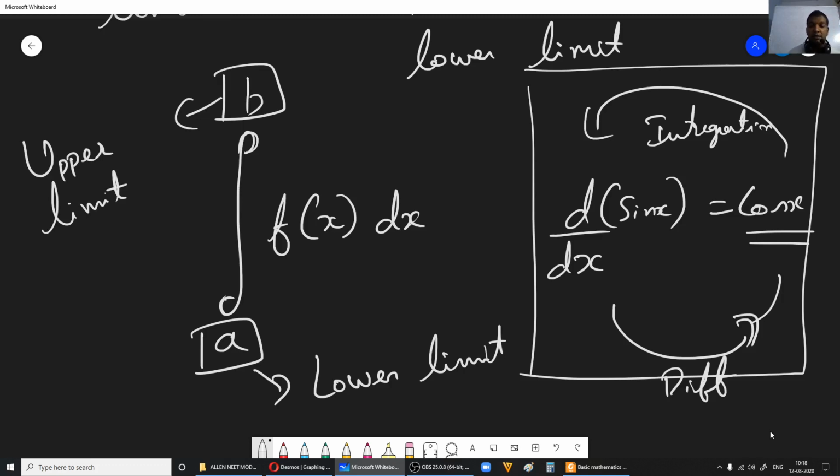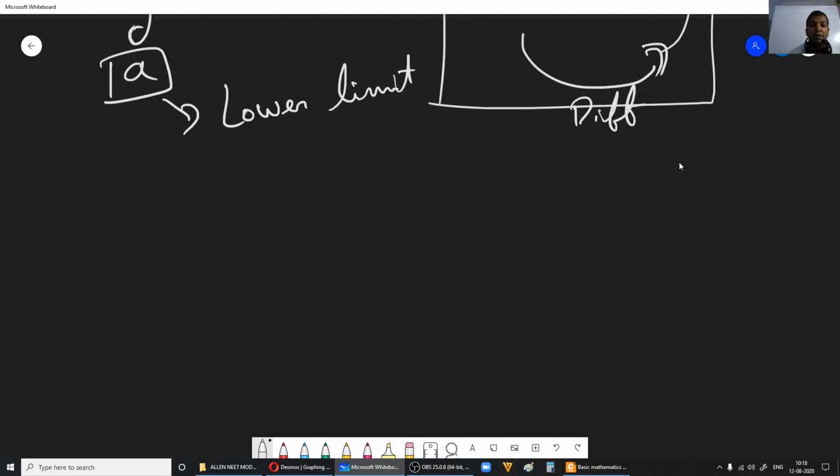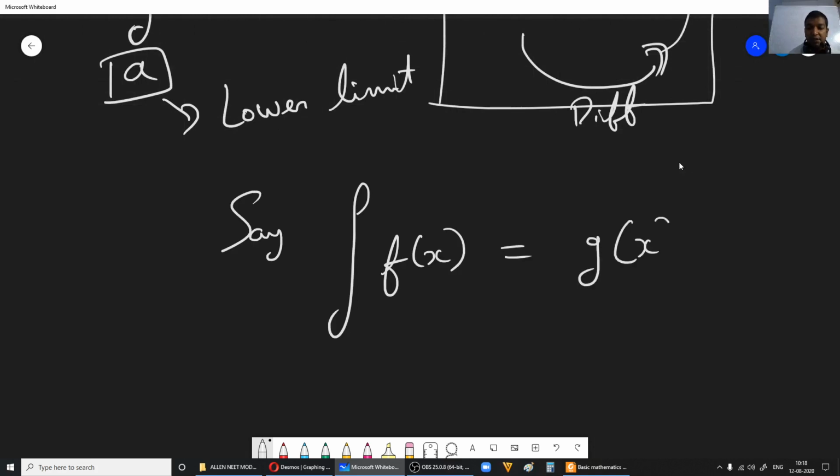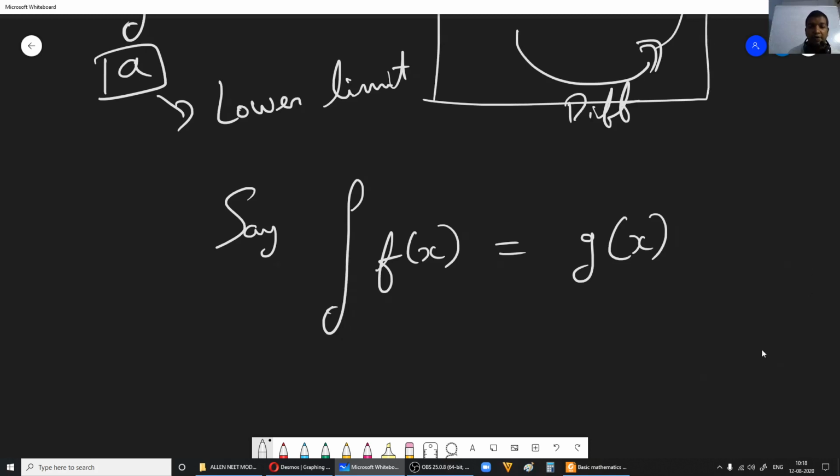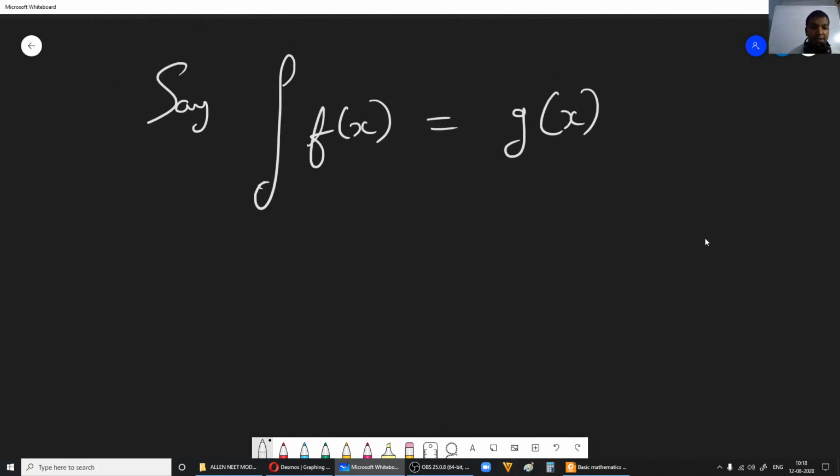Now say integration of f of x is equal to g of x. This is plain old indefinite integration.